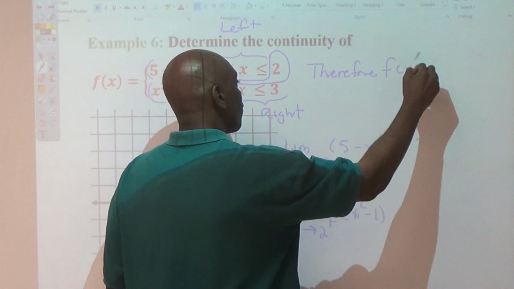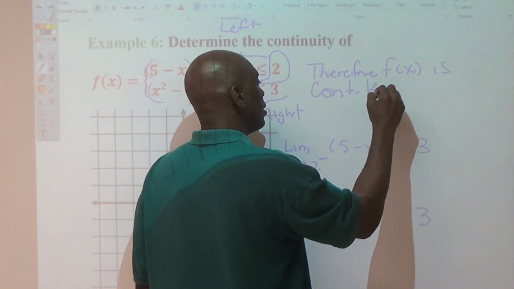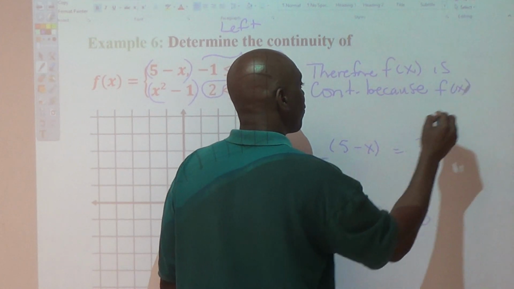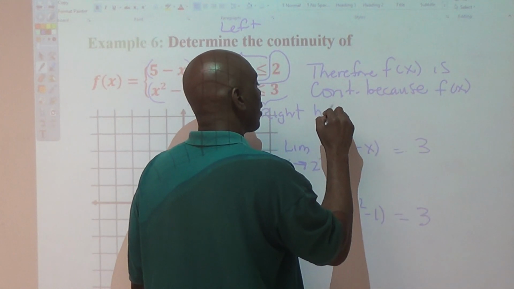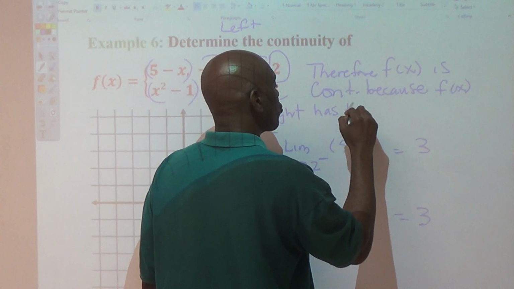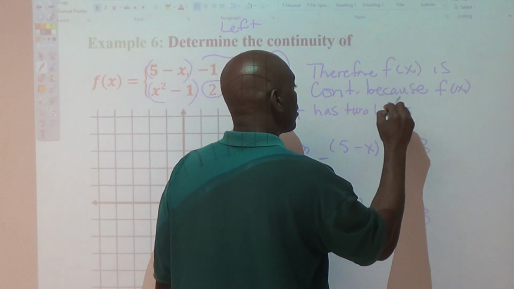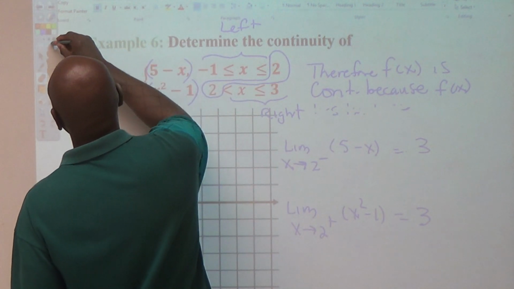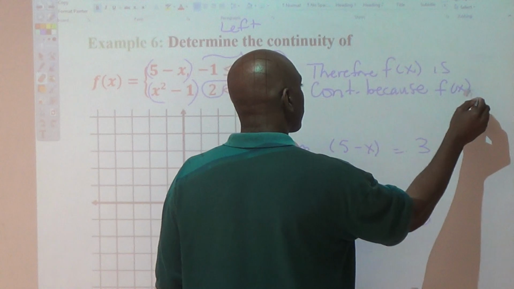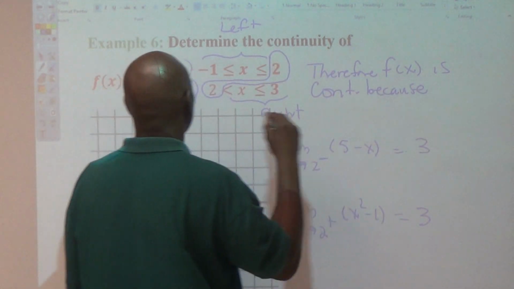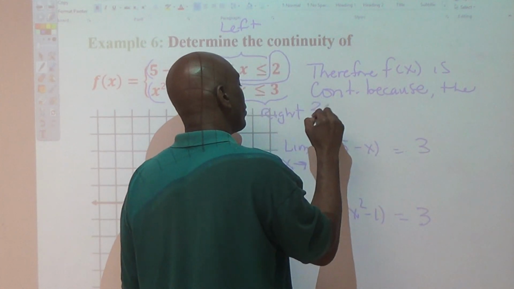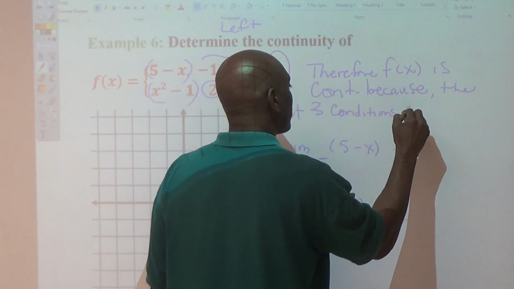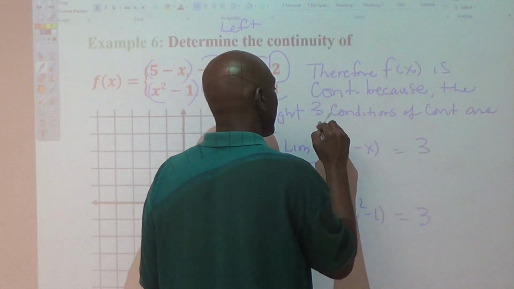Therefore, f of x is continuous because the 3 conditions of continuity are satisfied.